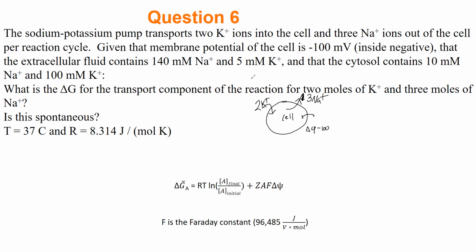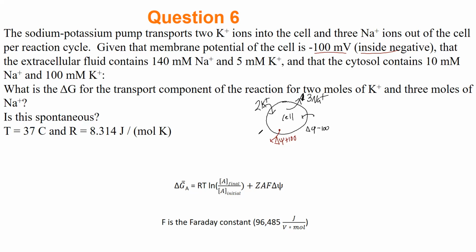But if you were going the other way, let's say you started inside and you went outside, the difference there is a positive 100. That's what the inside negative means. It's telling you what direction is that negative charge. If I'm going inside, the change is negative. But if I'm doing the opposite, if I'm leaving the inside, then it's positive because I say the inside is negative.